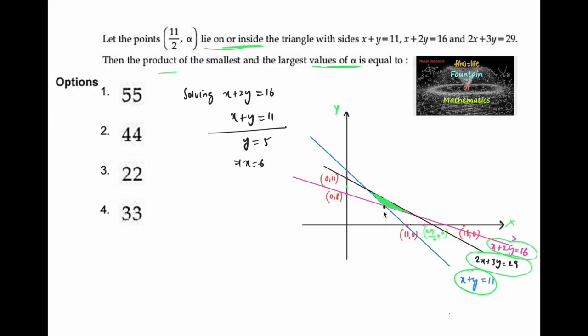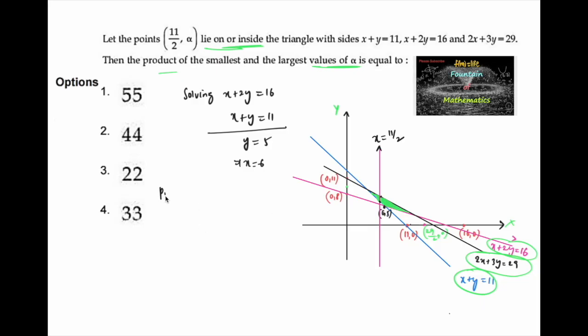So we got (6, 5) is the point, and 11 by 2 is the line which is just before this 6, that is 5.5. So let us draw the line. So this is the line x is equal to 11 by 2, which will intersect this triangle at 2 points.